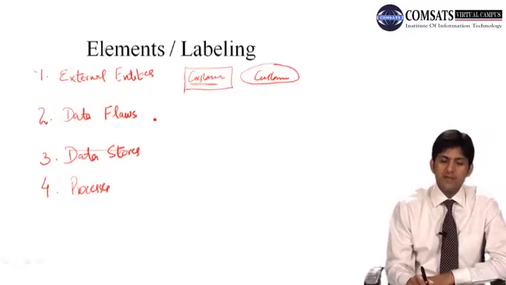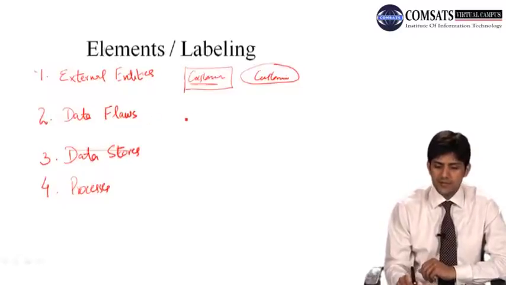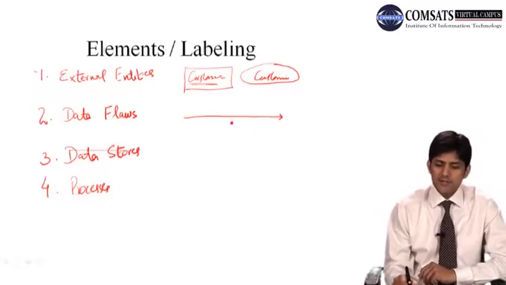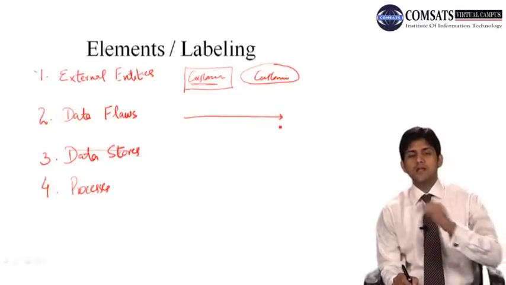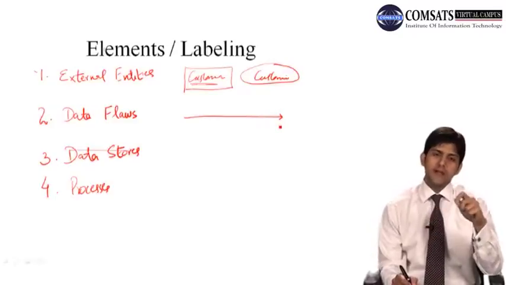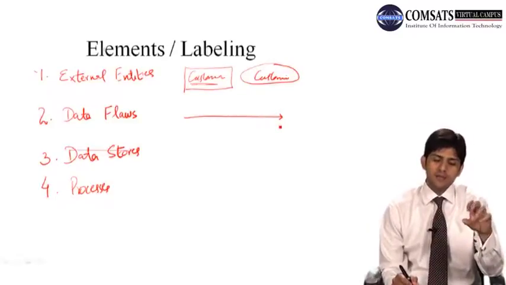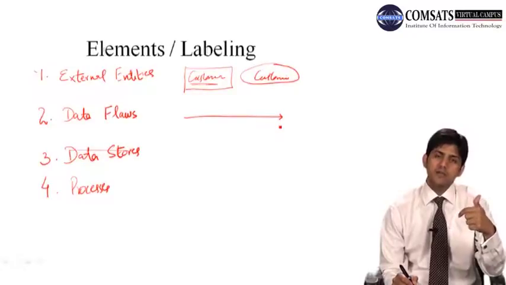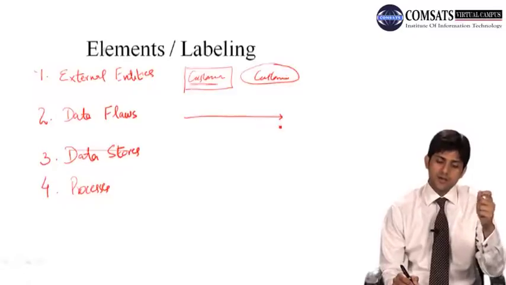And then we have data flows. Data flows are represented by an arrow, and the direction is the direction in which the data is flowing. For example, a data flow can be between any of these elements. There can be a data flow between an external entity and a process, or between the stores and the processes.